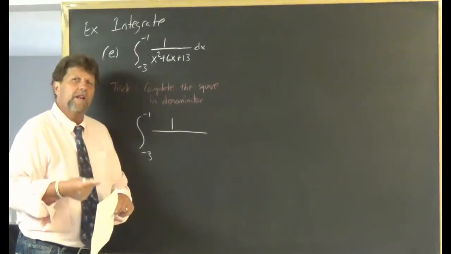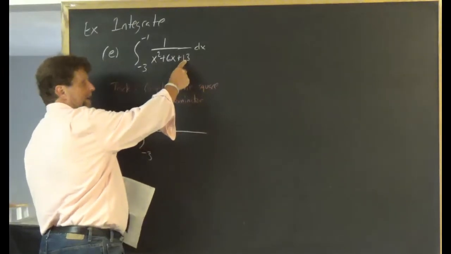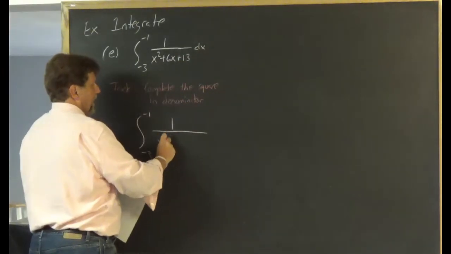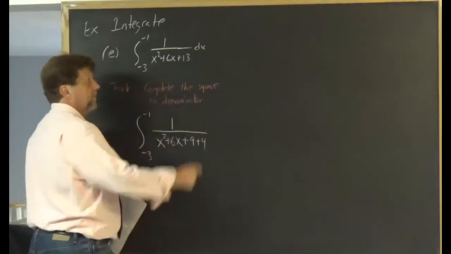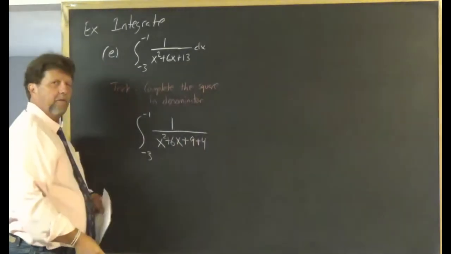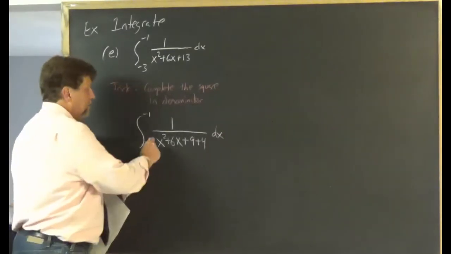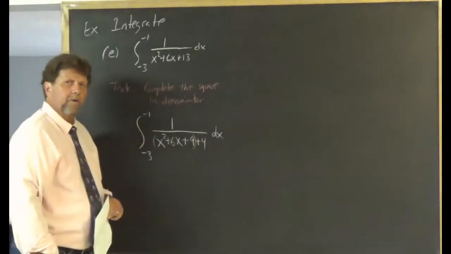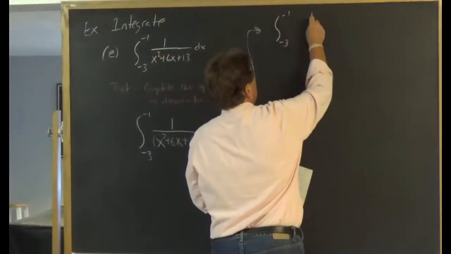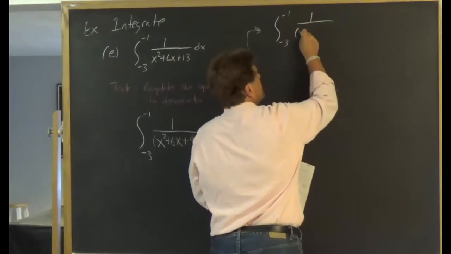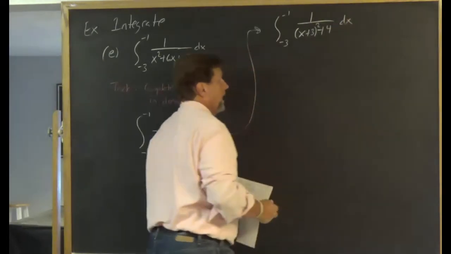So I'll rewrite the denominator x squared plus 6x plus 13 as x squared plus 6x plus 9 plus 4, since 13 is 9 plus 4. Then I can group these 3 terms and have a perfect square: x plus 3 quantity squared plus 4 dx.